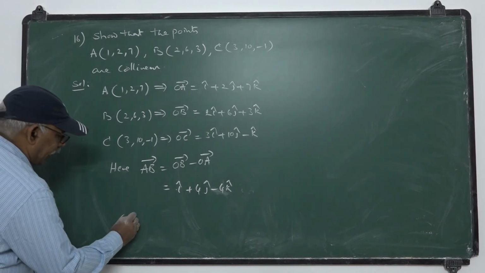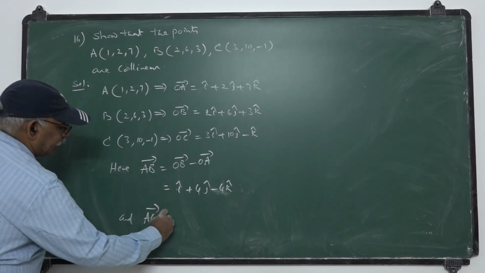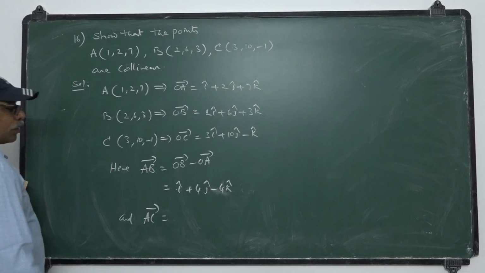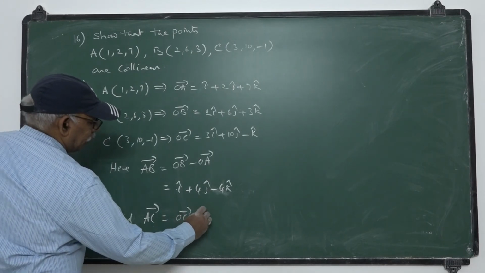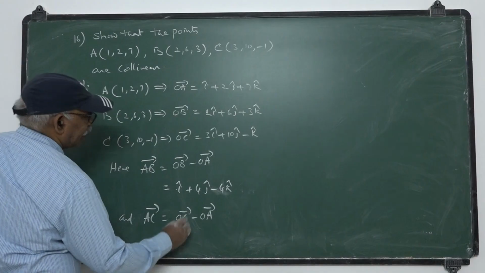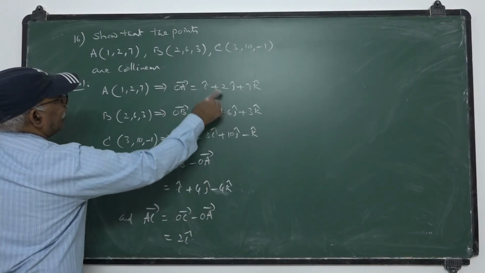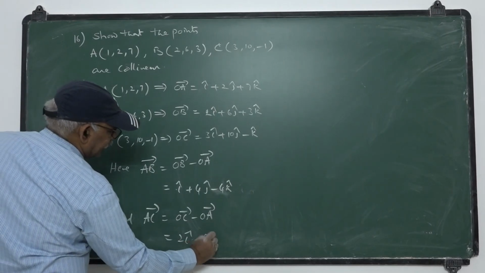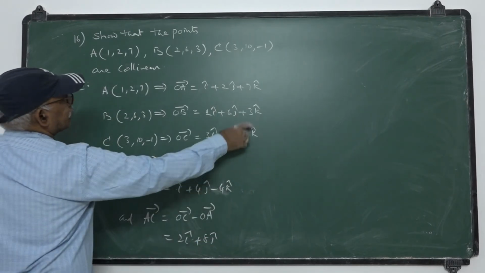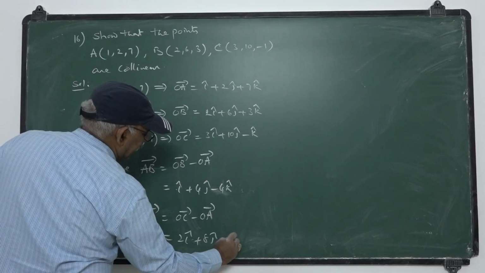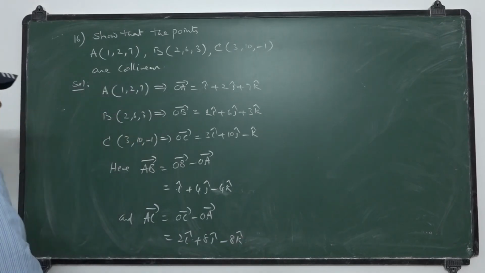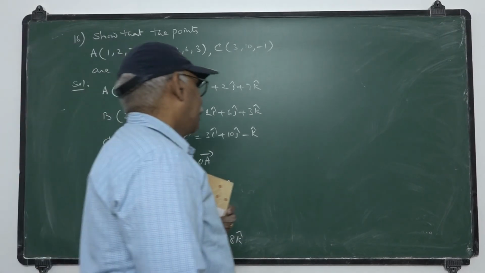And similarly find AC bar. AC bar is OC minus OA. OC minus OA is 2i, 10 minus 2, 8j, minus 1 minus 7, minus 8k.